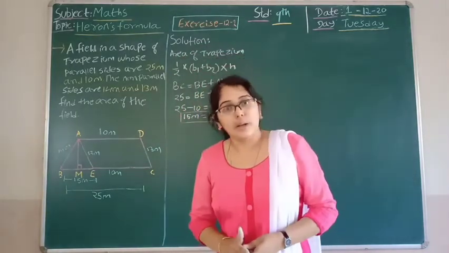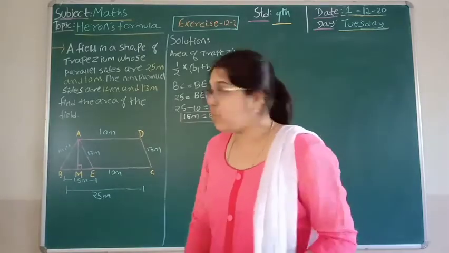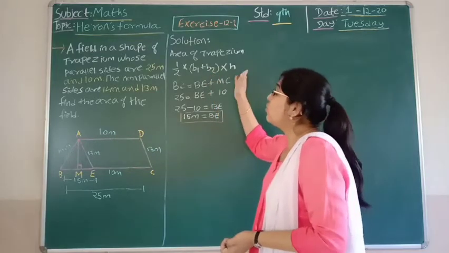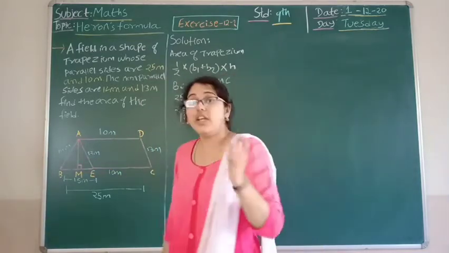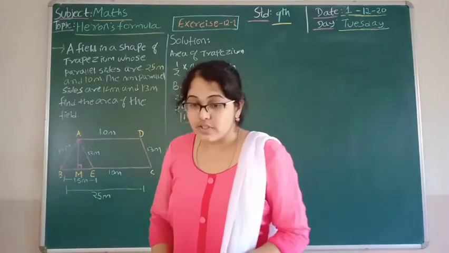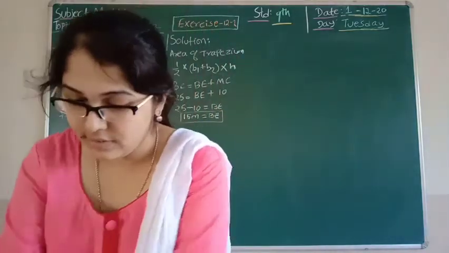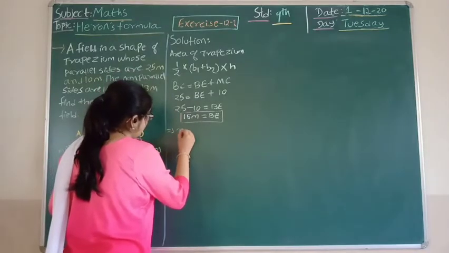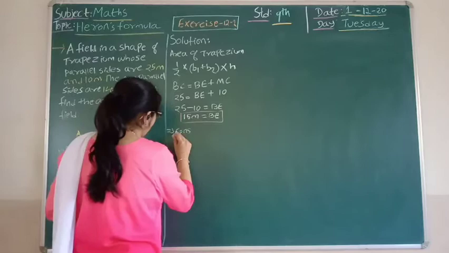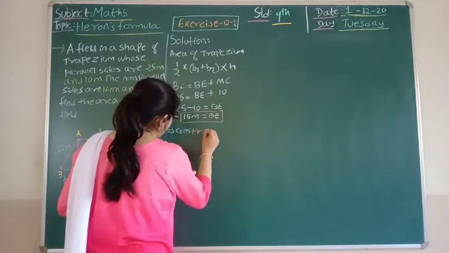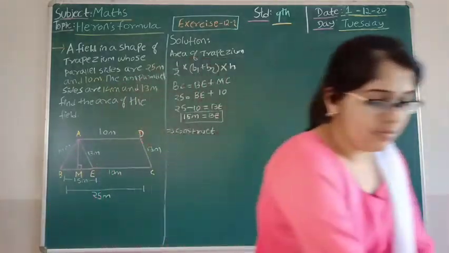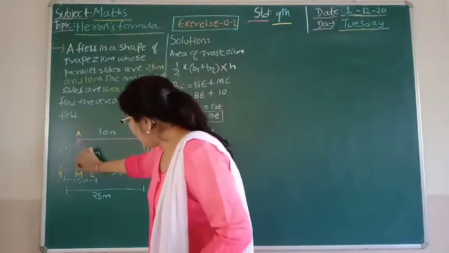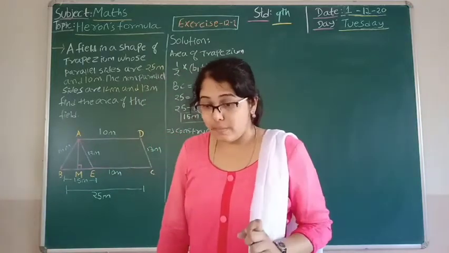Now the very first thing is to find the area of the trapezoid, in which we have B1, B2 but we do not have height, and we need to find the height. So first, what we have constructed is that we need to draw a line AM such that it is perpendicular to BC.